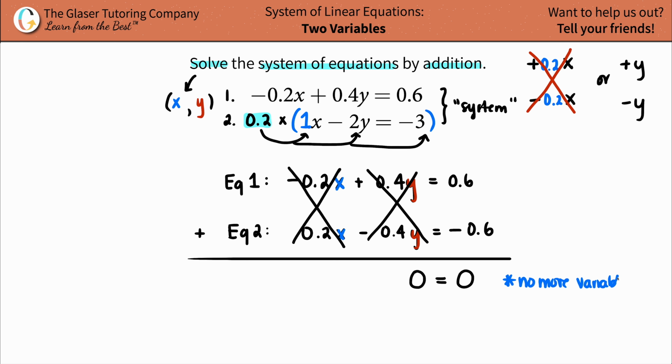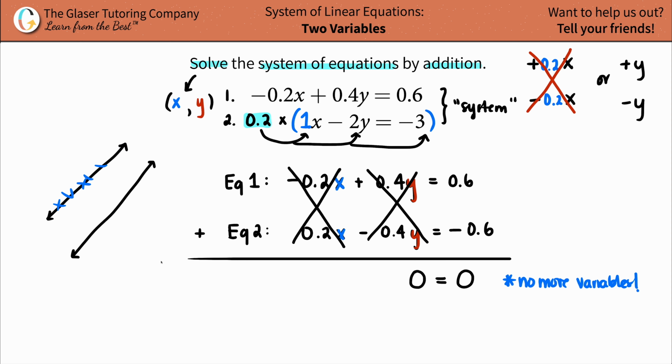So now we're down to basically two answers here, right? Either these lines have nothing in common, which means they would be parallel to each other. If they are two parallel lines, they will never cross. And remember, the solution is always the point in which they cross. But if they're parallel, they are never going to cross.